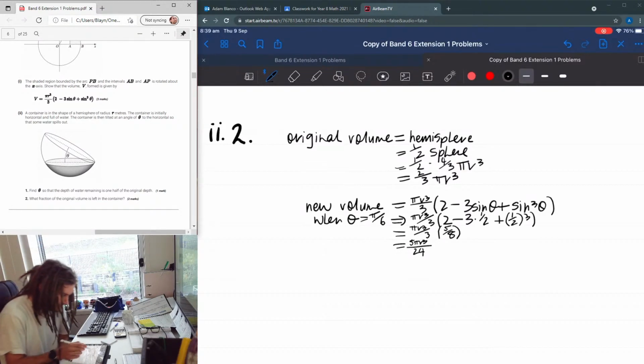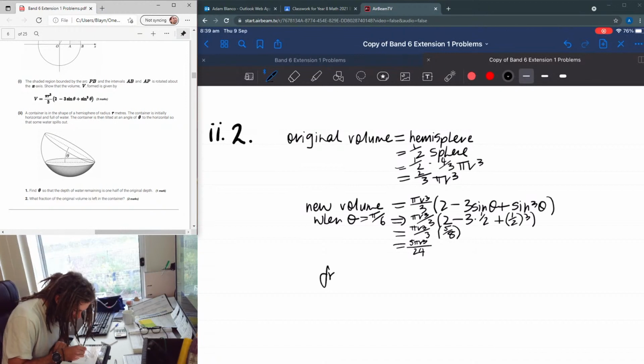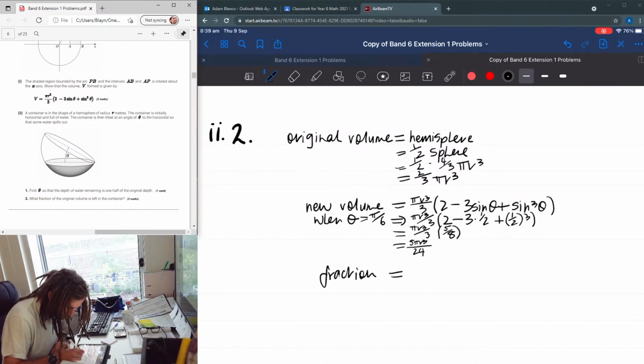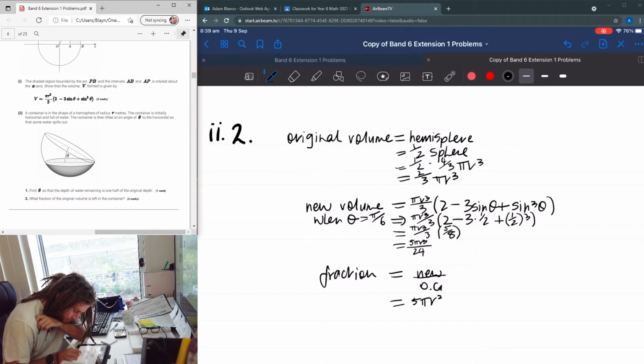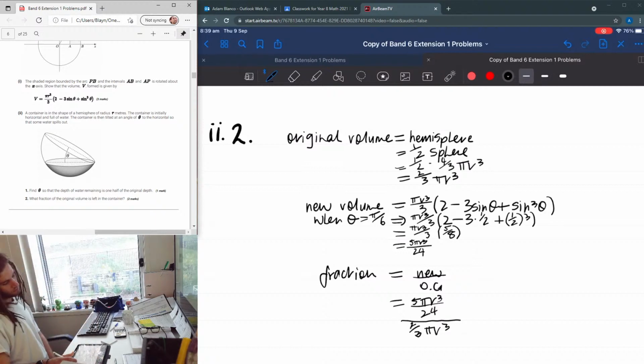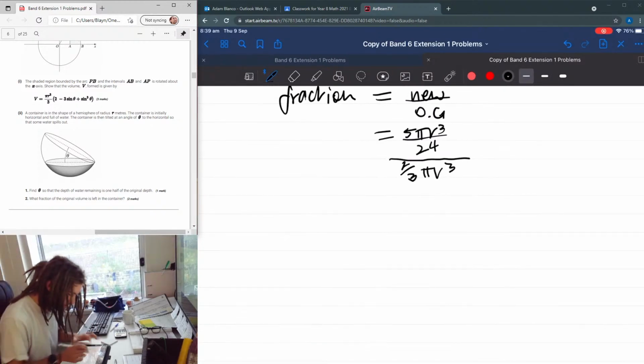I don't know. Anyway, okay, so the fraction would be the new volume over the original volume. So what's the new one? 5 pi r cubed on 24 on 2 on 3 pi r cubed. Okay, let's deal with this.